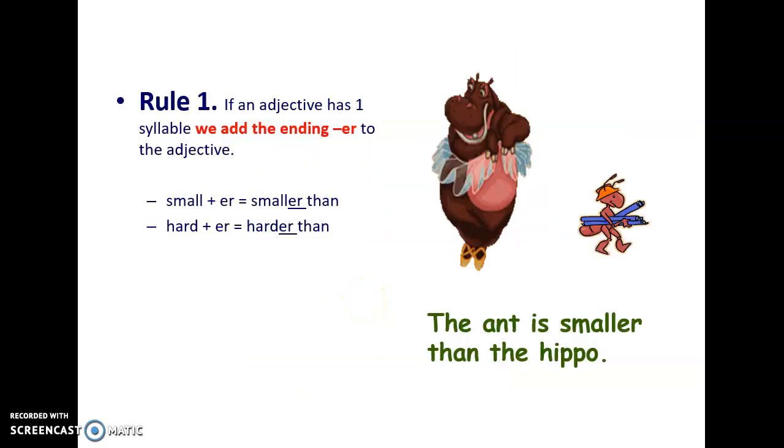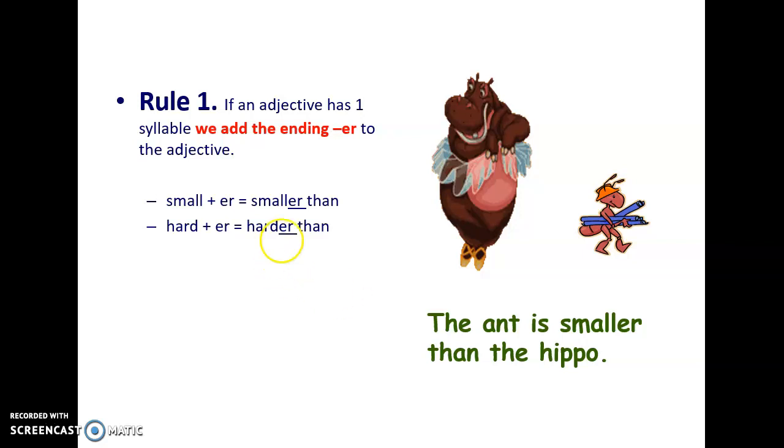Okay? The rule number one, guys, is that you have to identify the different adjectives that we have. The rule number one, it is only going to work with the short adjectives. What is a short adjective? Very easy. If you only have one sound, when you pronounce a word, you are going to have a short adjective. And what are you going to do?